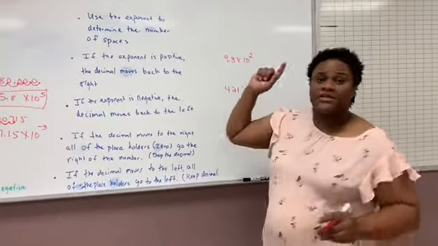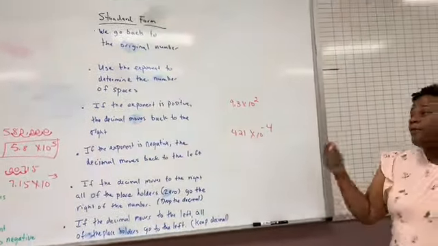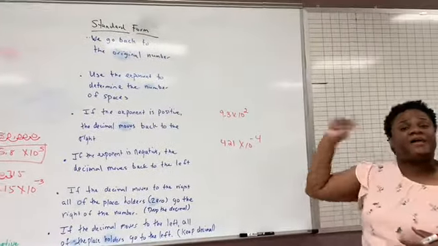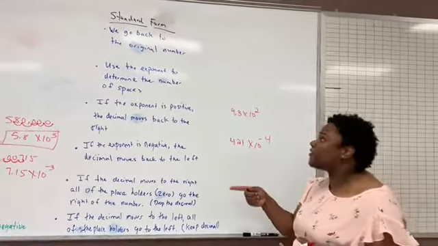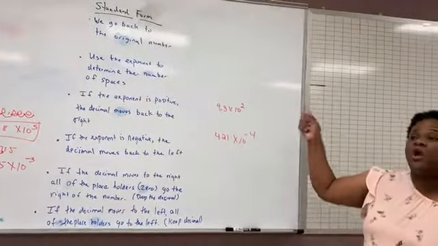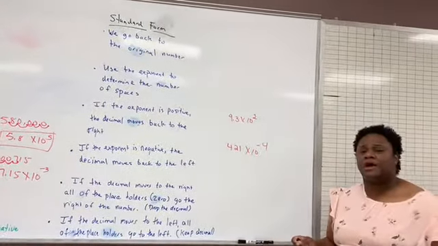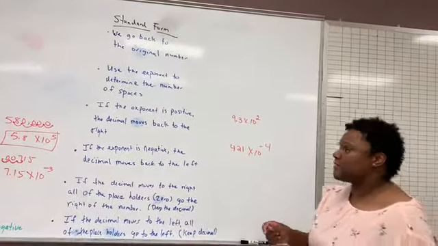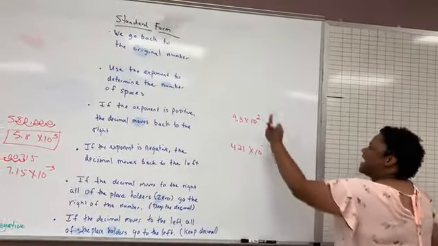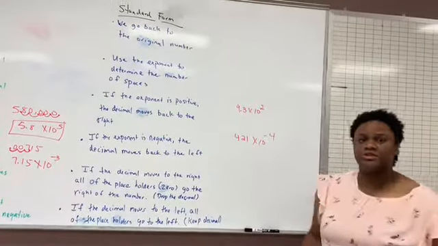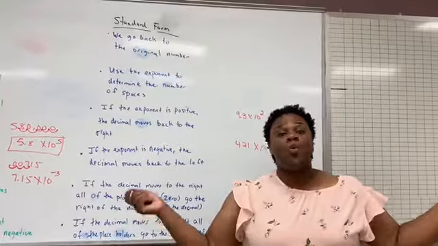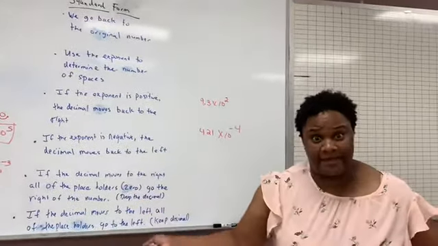The very first thing that we do in approaching a problem that involves going from scientific notation to standard form is that we know we're going back to the original number. So we're going to look at the exponent to determine how many times we're going to move the decimal back.